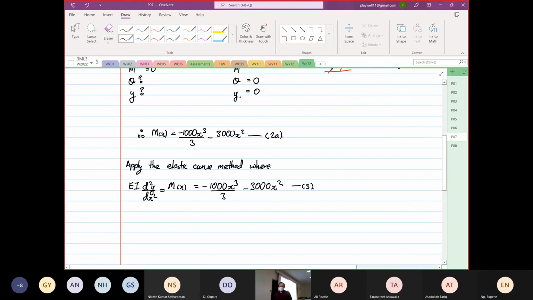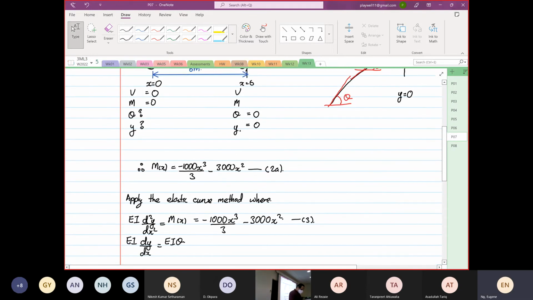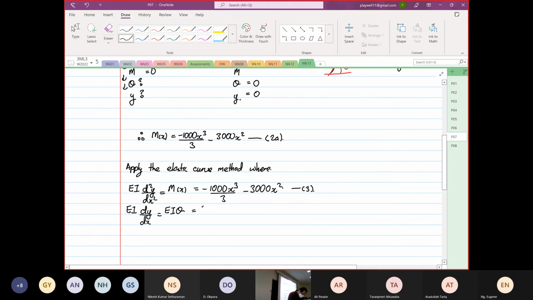So from here, we are going to find EI dy by dx, which is also equal to EI theta. That's why I make you memorize V, M, theta, Y. So from here, you integrate minus 1000 x cubed over 3 minus 3000 x squared plus C3 dx.